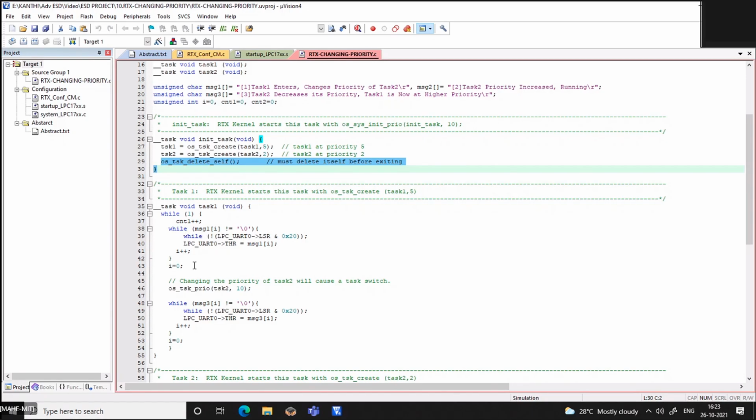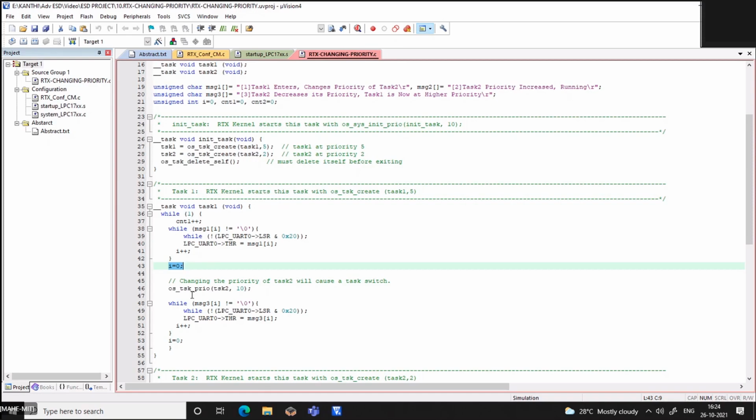So this you repeat. Once you are done with that particular message transmission, you will come out of it and make this 0. Now what we do is, otherwise this repeats, it's an infinite loop. You stay in the while 1 loop forever, so you don't come out of this loop.